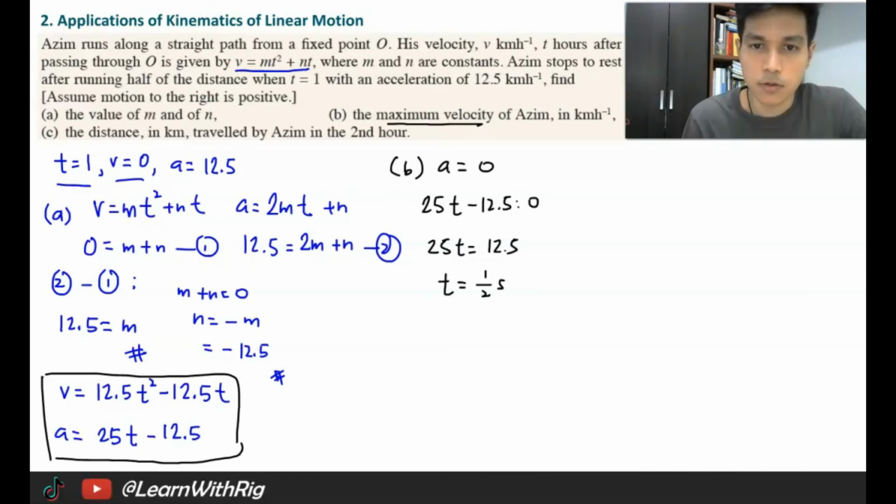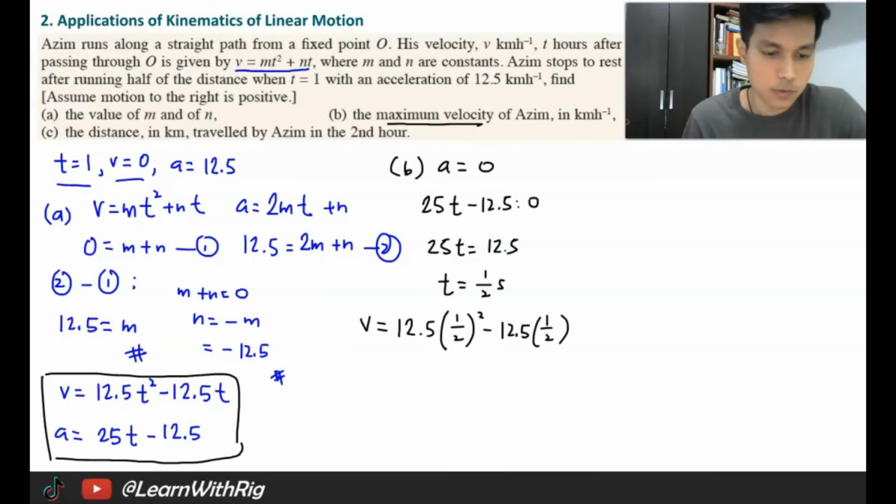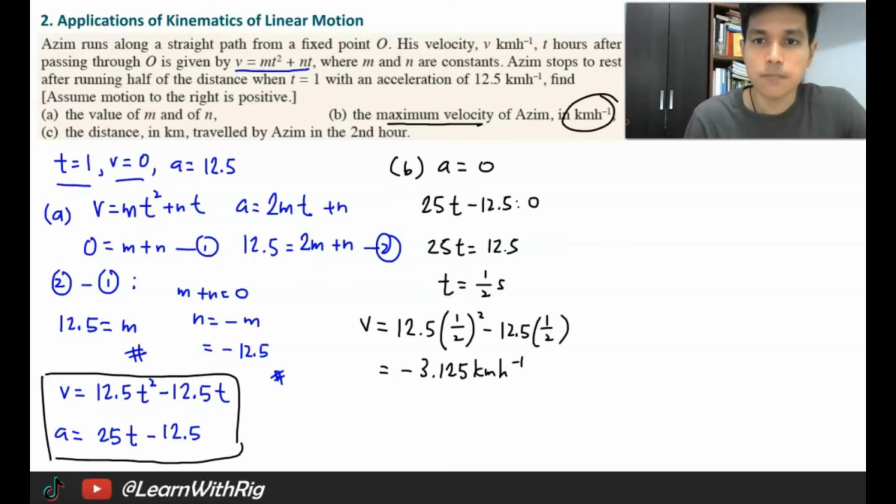Now you can substitute into your velocity function. v equals 12.5 times (1/2)² minus 12.5 times 1/2. Straight away calculate this, you will get your answer, negative 3.125 kilometer per hour. Remember, the unit they are using is kilometer per hour. So this is your answer.